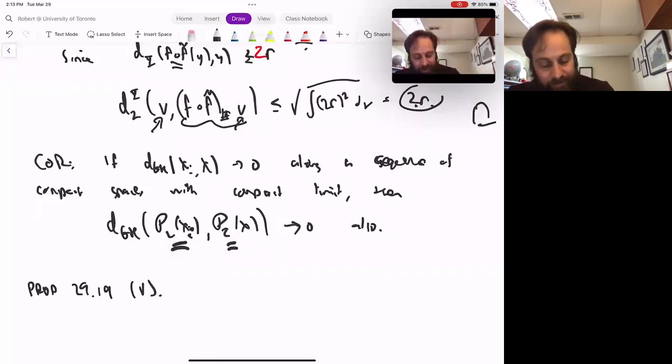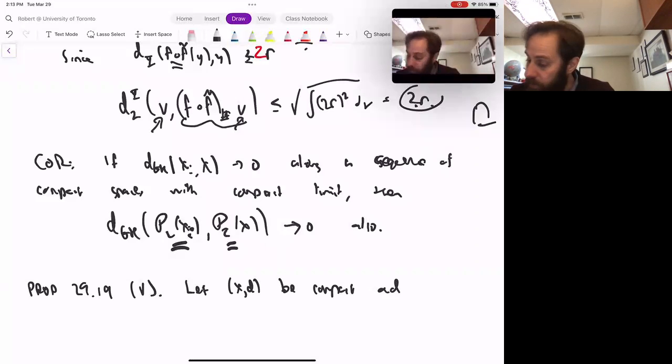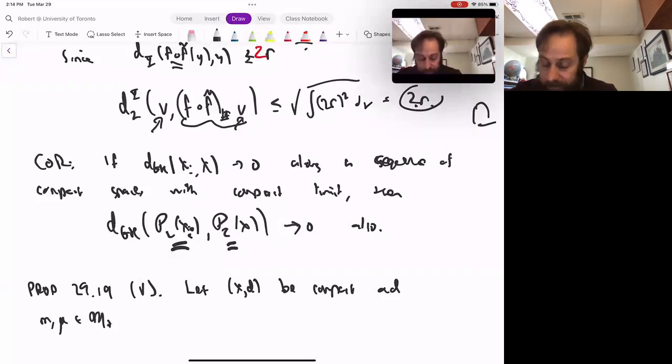So I'm going to let (X, d) be a compact metric space. And I'm going to take two non-negative Radon measures, a reference measure m and a measure mu, but I'm going to take them both to have finite mass.